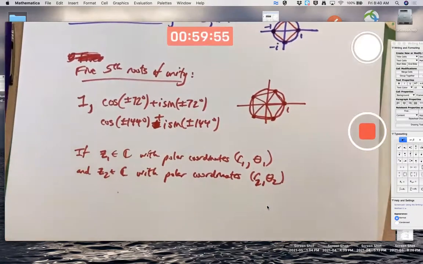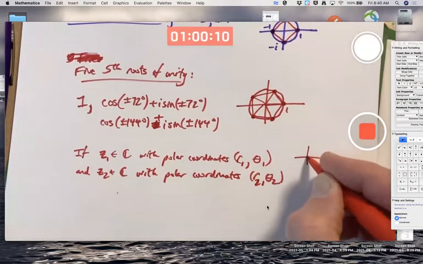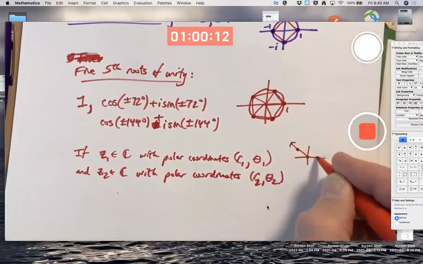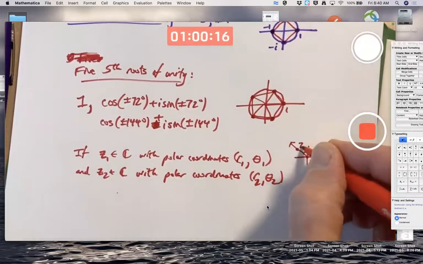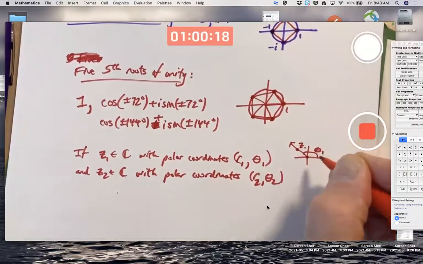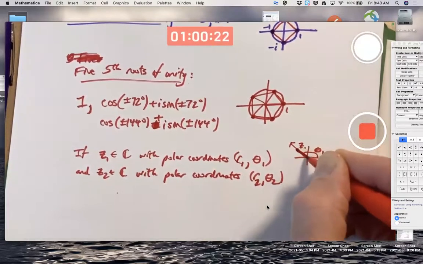So r1 and r2 are the distances to the origin, taken to be positive, and theta 1 and theta 2 are angles that the ray from the origin through the number makes with the positive real axis. If this is z1, that angle would be theta 1, and this distance right here would be r1.